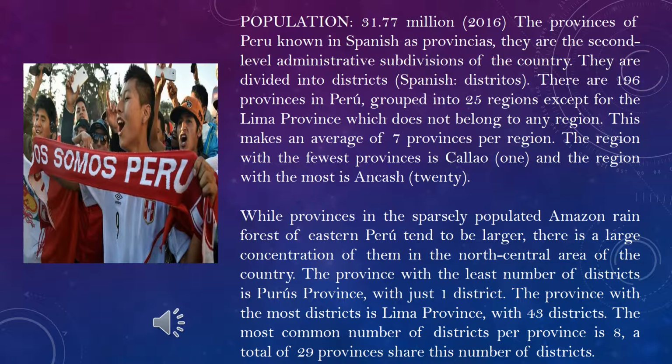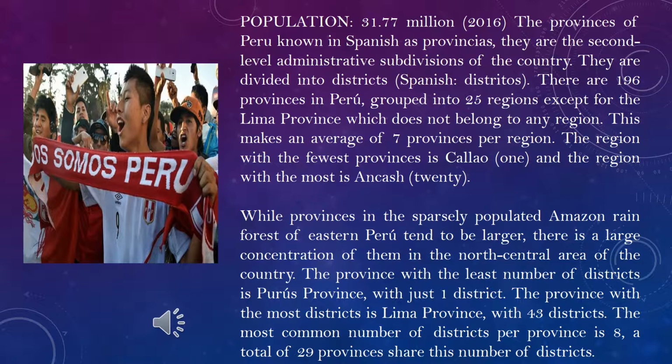The region with the fewest provinces is Callao, and the region with the most is Ancash. While provinces in the sparsely populated Amazon rainforest of eastern Peru tend to be larger, there is a large concentration of them in the north-central area of the country.